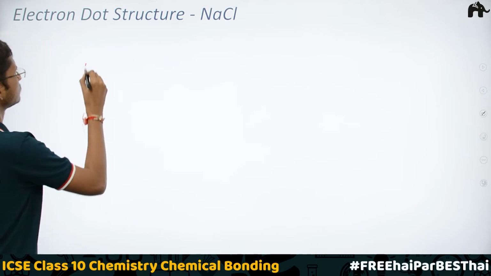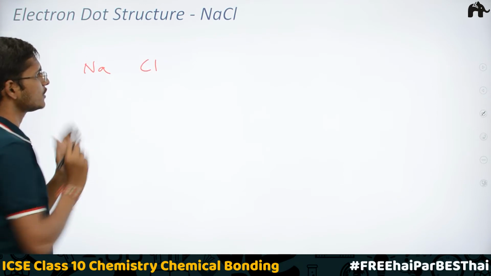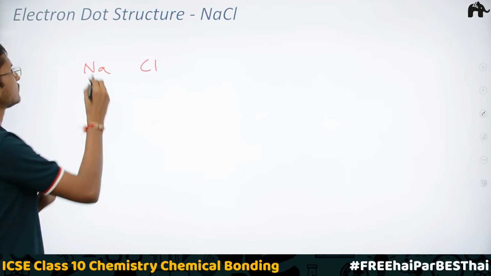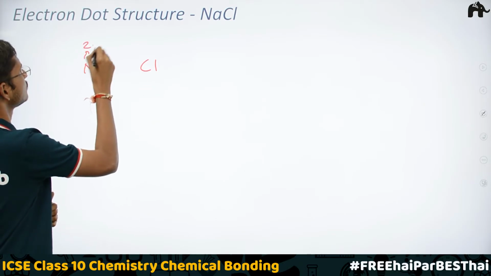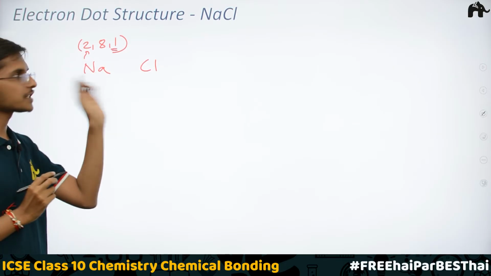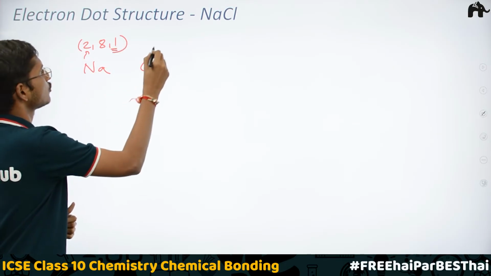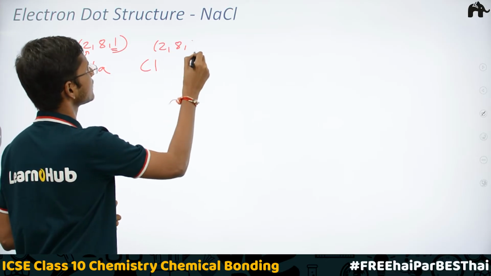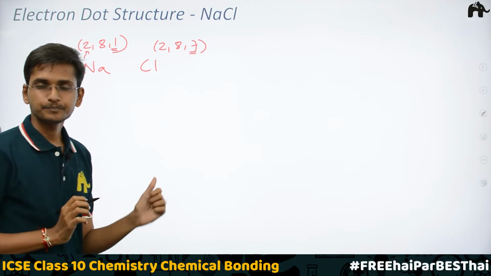We know it is made up of sodium and chlorine atoms. Sodium has 1 electron in its outermost shell, and chlorine has 7 electrons in its outermost shell, which we can find out from their electronic configurations.